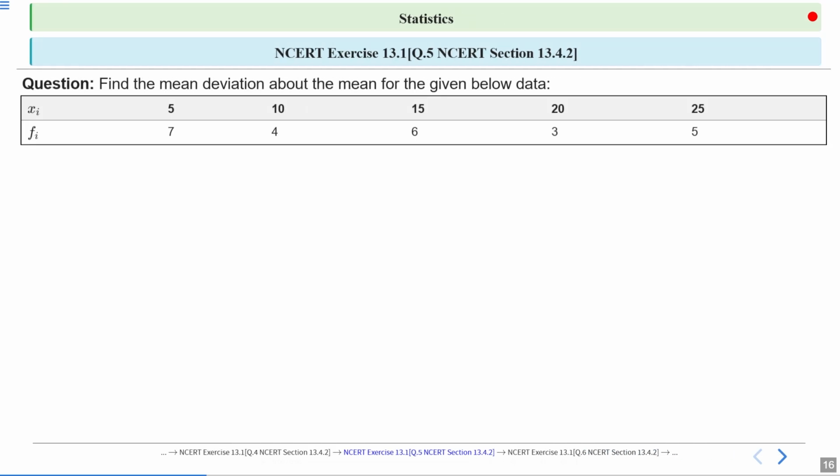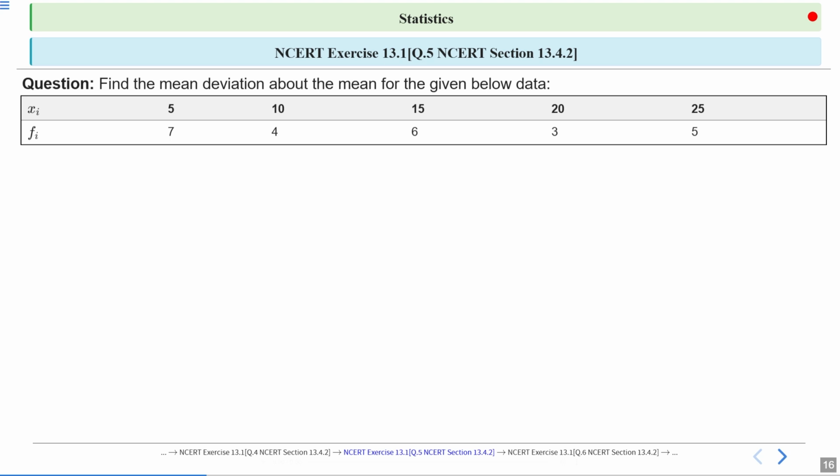So let's see question number 5. In this question we are asked to find the mean deviation about the mean for the given data in the table. So the table shows two rows. The first row shows xi, the values of xi like 5, 10, 15, 20, 25, and the second row shows the frequency fi.